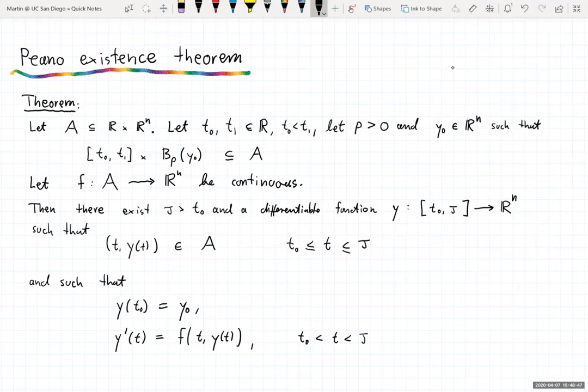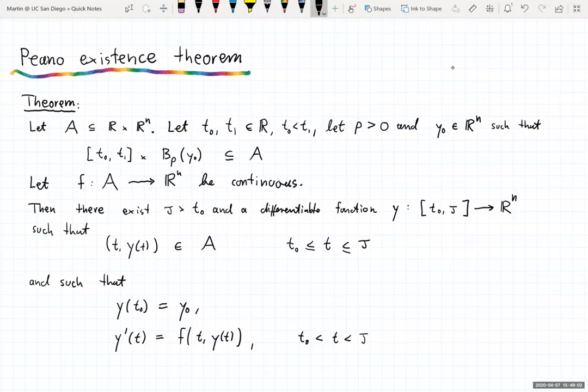So let A be a set. Let A be a subset of the real numbers times R to the n. So A consists of a collection of pairs of t and y. And furthermore, let t0 and t1 be two real numbers, such that t0 is smaller than t1.